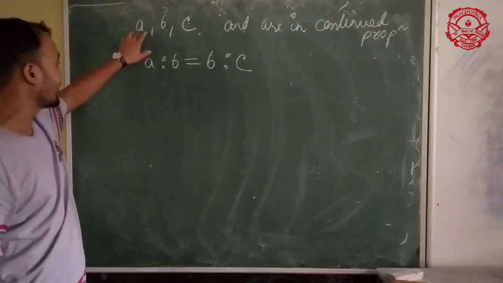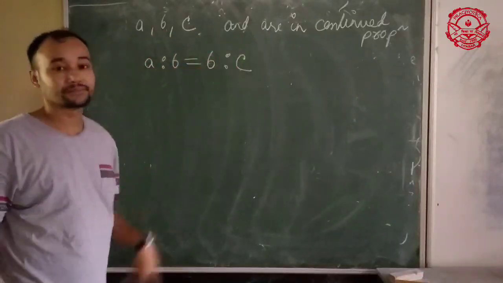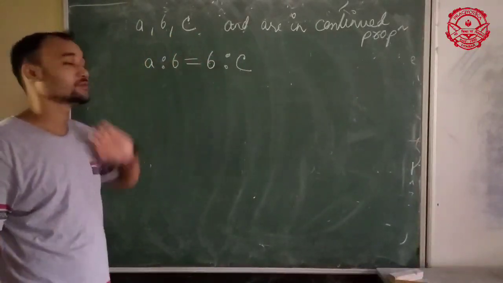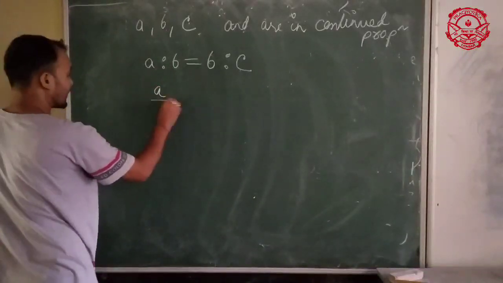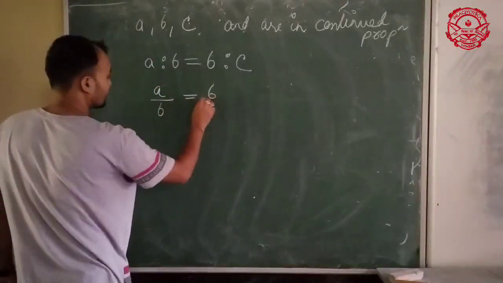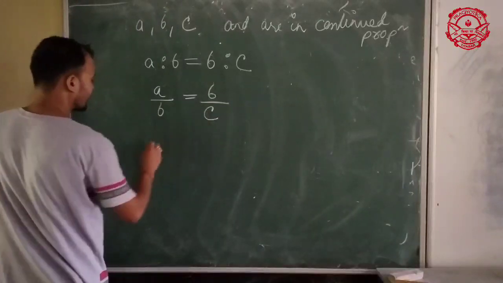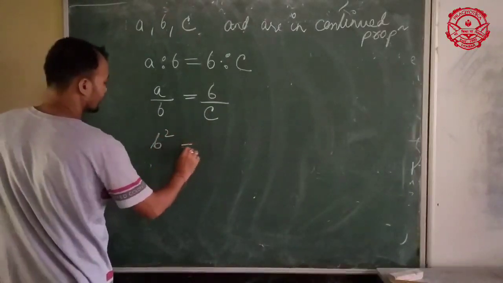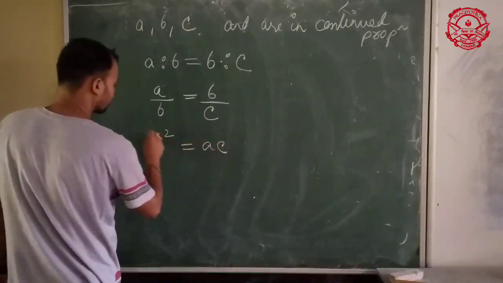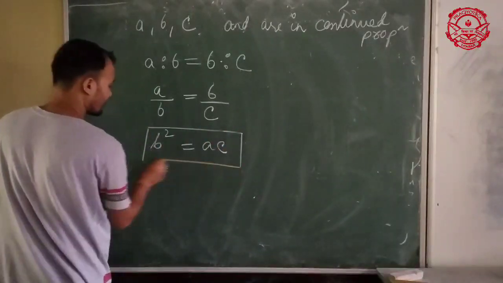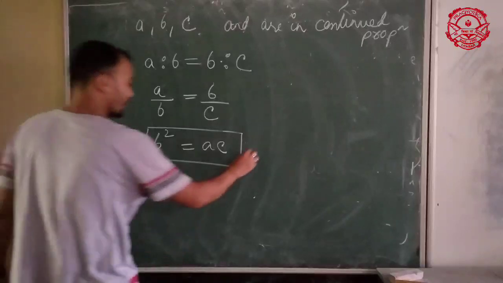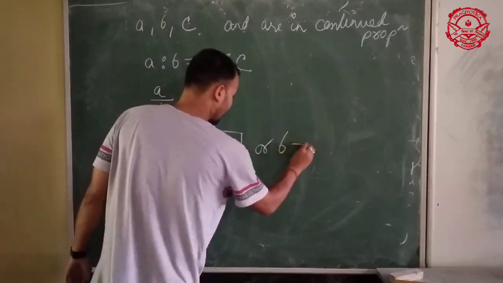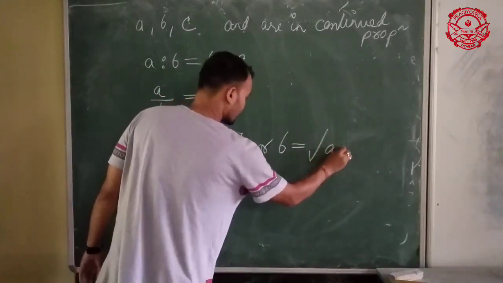Fine. Now A by B and B by C, or A is to B is equal to B is to C. Here you see, when representing this A by B equal to B by C, we get B square equal to AC, or B is equal to root over AC.